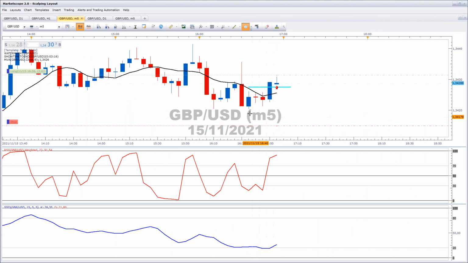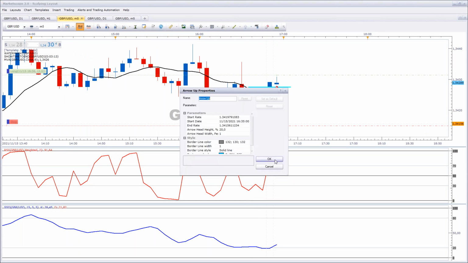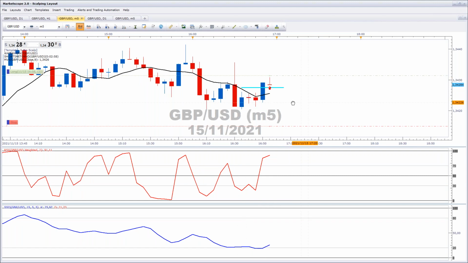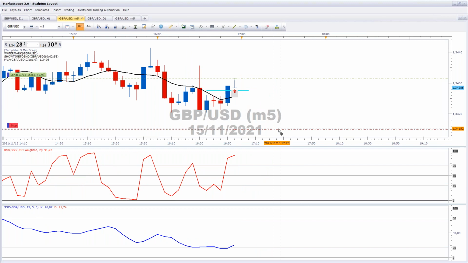So that's condition 1, and then moving above that's condition 2, and closing above that's condition 3. Now we have to see if the market's going to cooperate with that, and we want to get the stop up as quickly as we can.